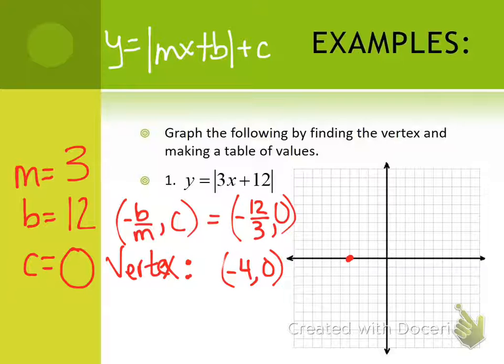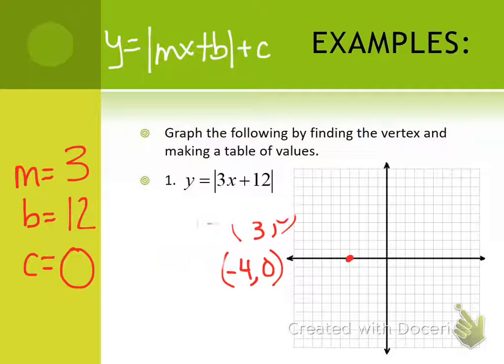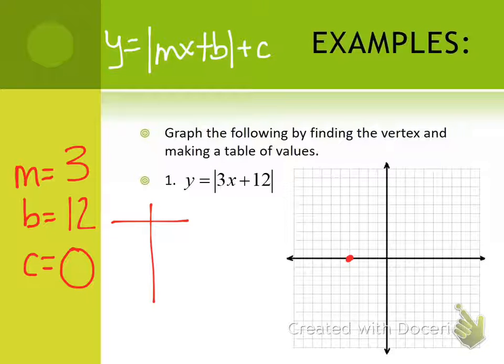Our next step will be to make an XY table. So I'm going to erase our vertex work since we already identified that. Next, we make a table of XY values. Now, when we've picked X values before, we kind of picked them however we wanted to, and it didn't make a huge difference.